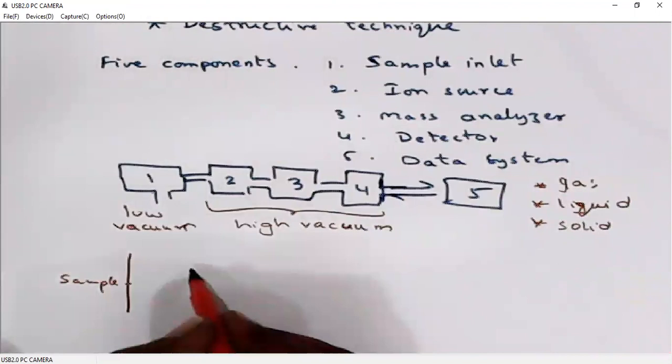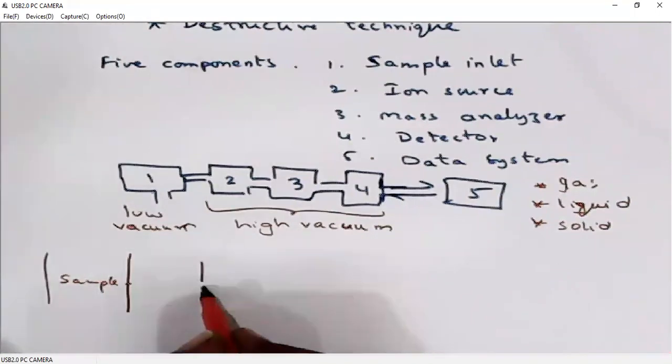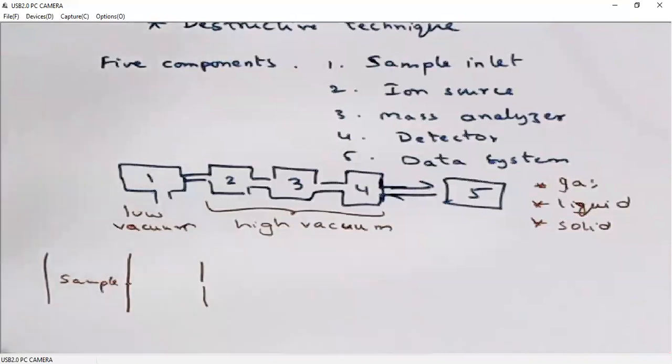When it enters the ion source, what will happen?